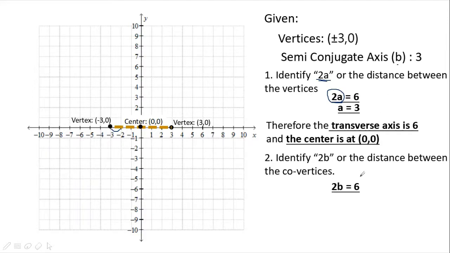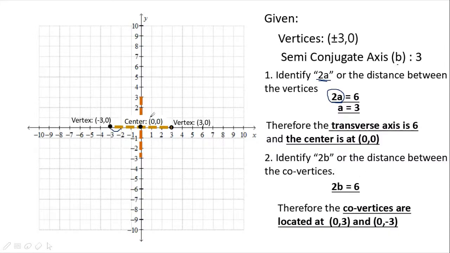So 3 times 2 is 6. So this is our conjugate axis. Then our co-vertices are located at (0, 3) and (0, -3).